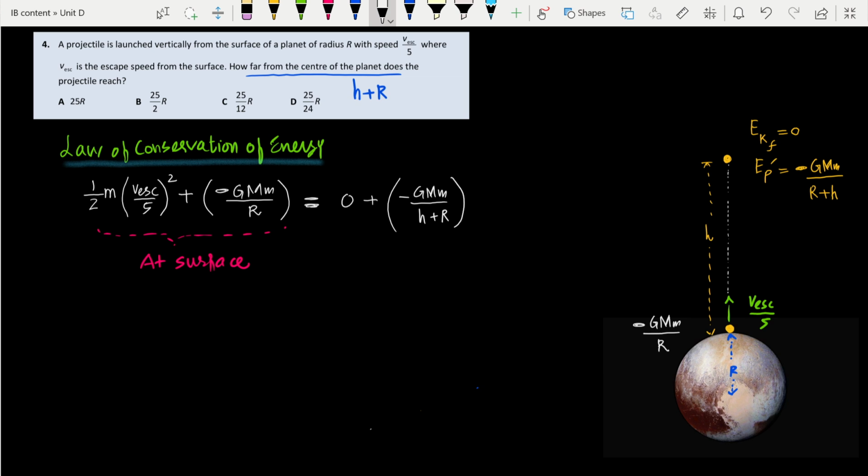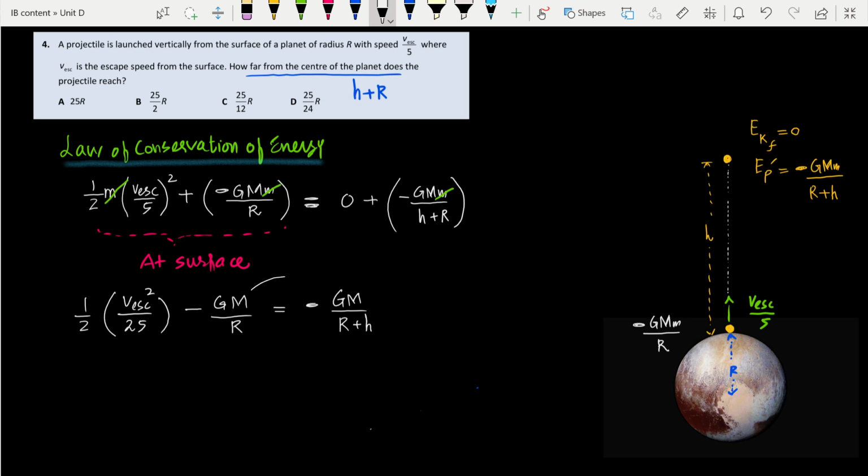We can solve further, and if we cancel the small m on both sides, it will be easy to simplify. So it becomes 1 over 2 times v escape squared over 25, minus GM divided by R, is equal to negative GM over R plus h.